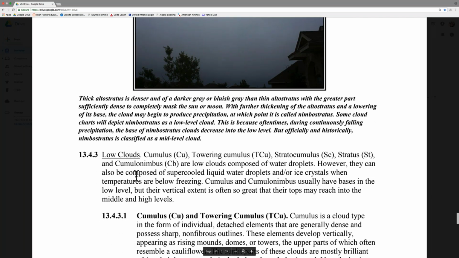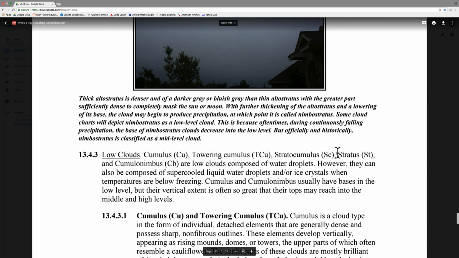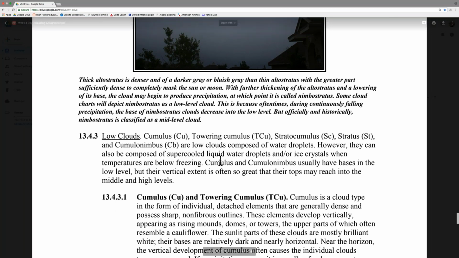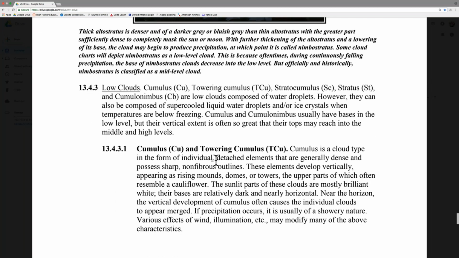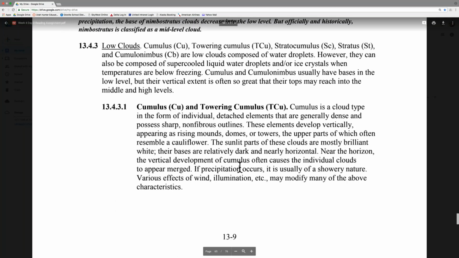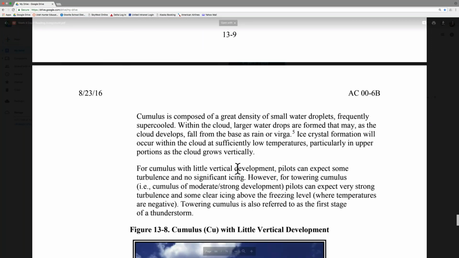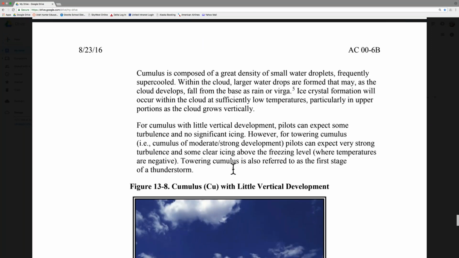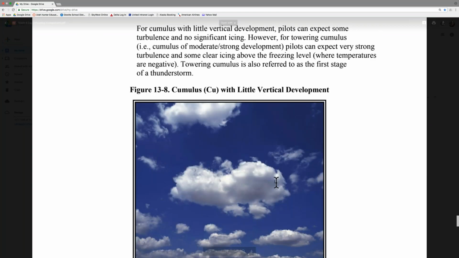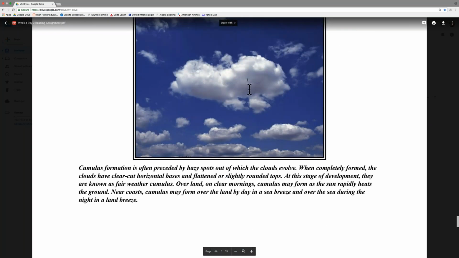So here are low clouds. We've got cumulus, towering cumulus, stratocumulus, stratus clouds, and cumulonimbus. So our towering cumulus clouds, we can have the two forms.